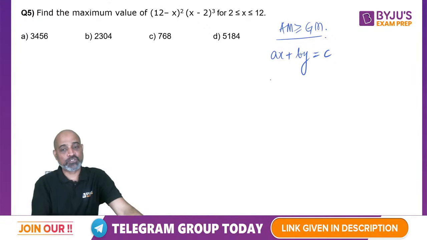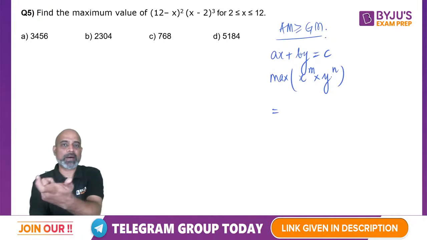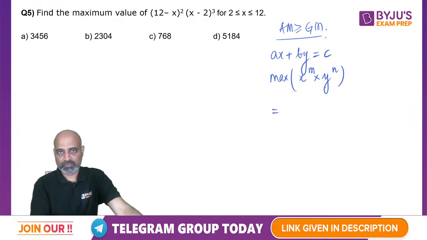And then you are asked to figure out the maximum value of, let's say, x to the power m into y to the power n. So what do you do? This is how you solve it. Look at the total powers of m and n. Total power is m plus n.